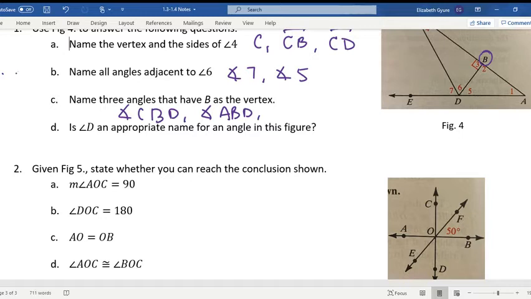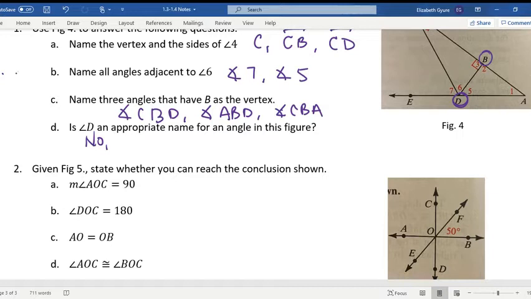And then you could also name the straight angle. That's angle CBA. And then is D an appropriate name for an angle in this figure? That's going to have to be no. And if you take a look, angle D is down here. And the reason that's not an appropriate name, D is the vertex of multiple angles.